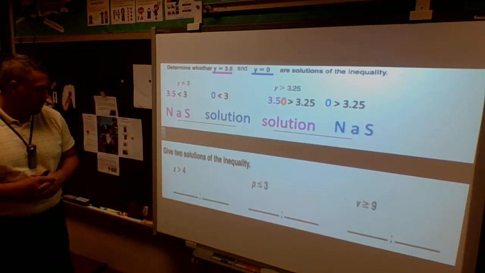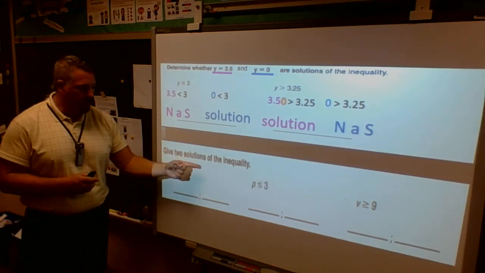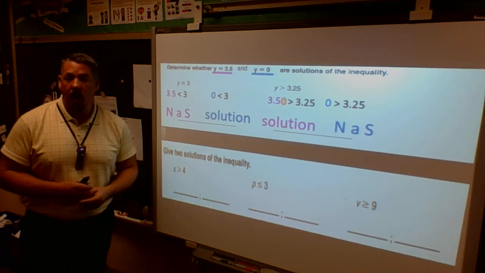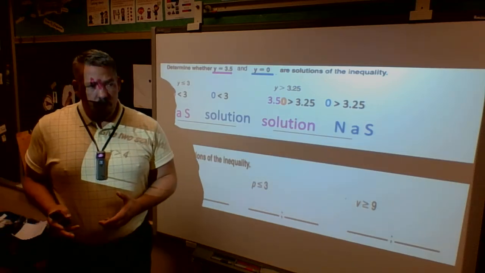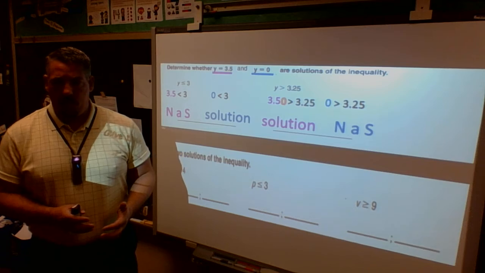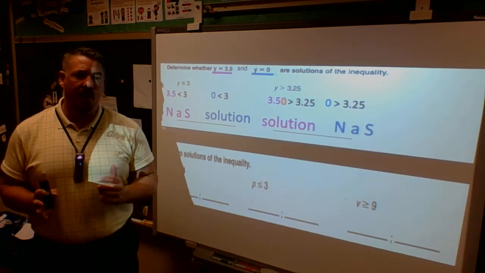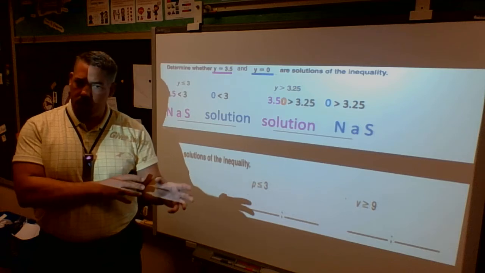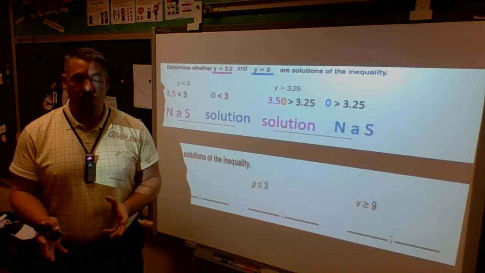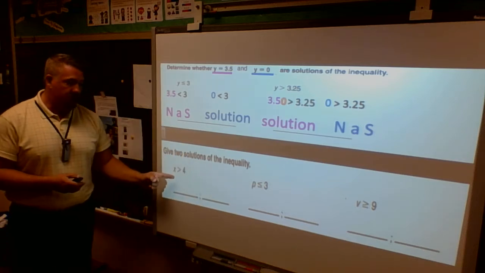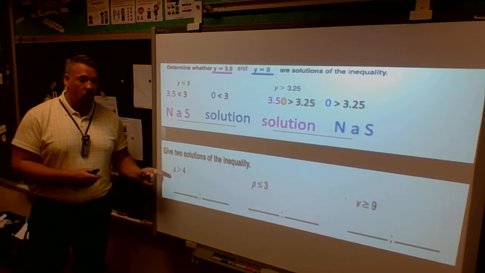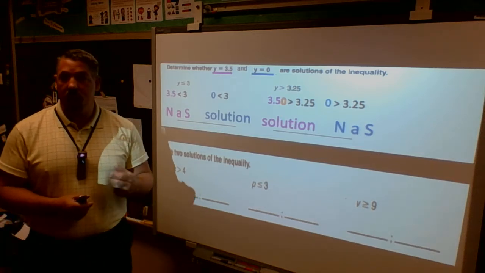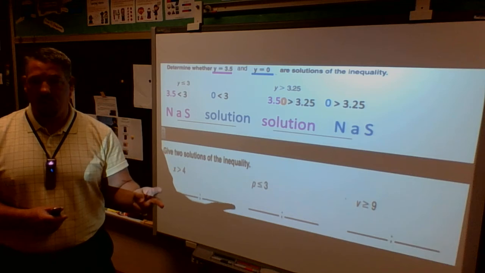Moving on. Give 2 solutions of the inequality. Now, here's where you just stop and think for a moment. Once again, you have an infinite number of possible answers that you can put down on your paper, as long as it's a true statement. Just make sure that it's greater than 4. So all I've done is give 2 possible answers.